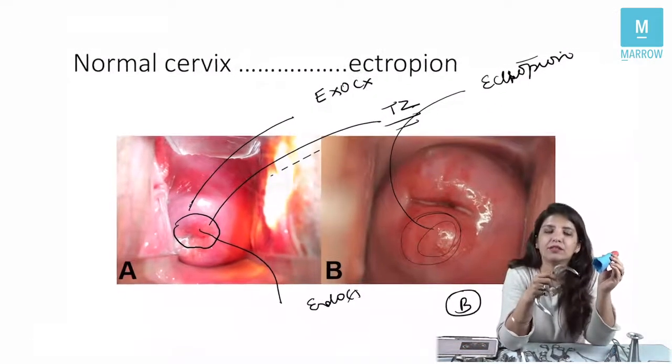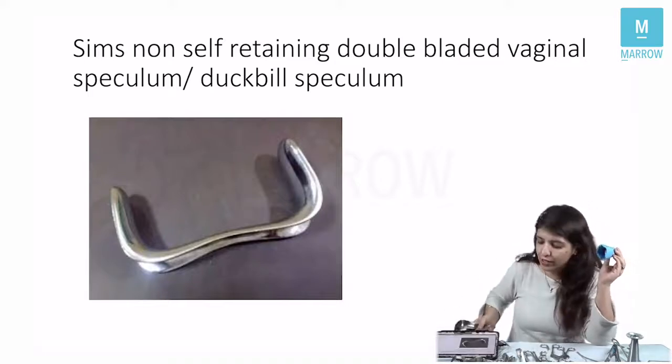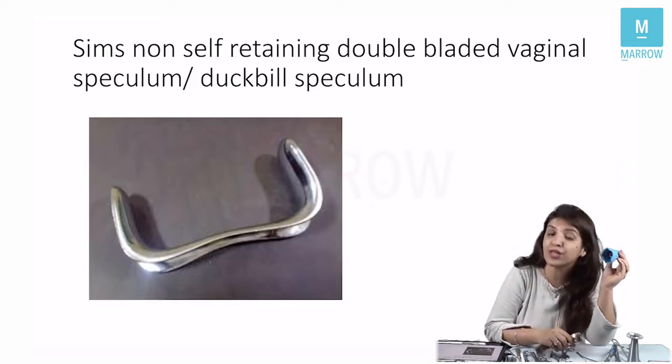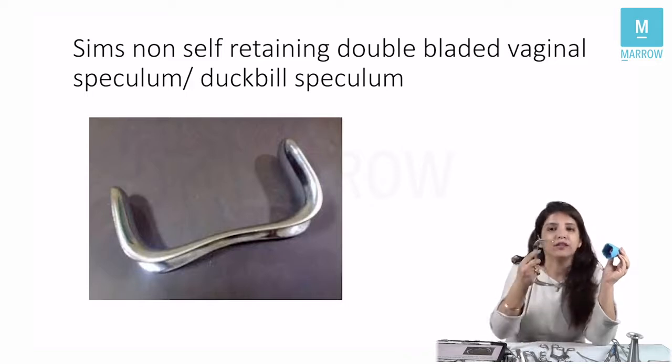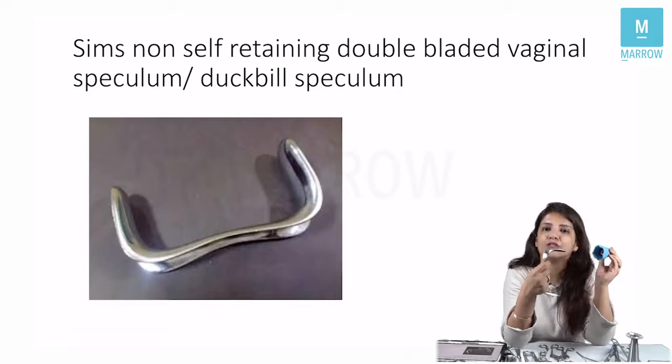Why I am saying the full name is because for the final year students, when you are going to give your Viva, you have to say the complete name. So this is Sims double-bladed, non-self-retaining vaginal speculum.